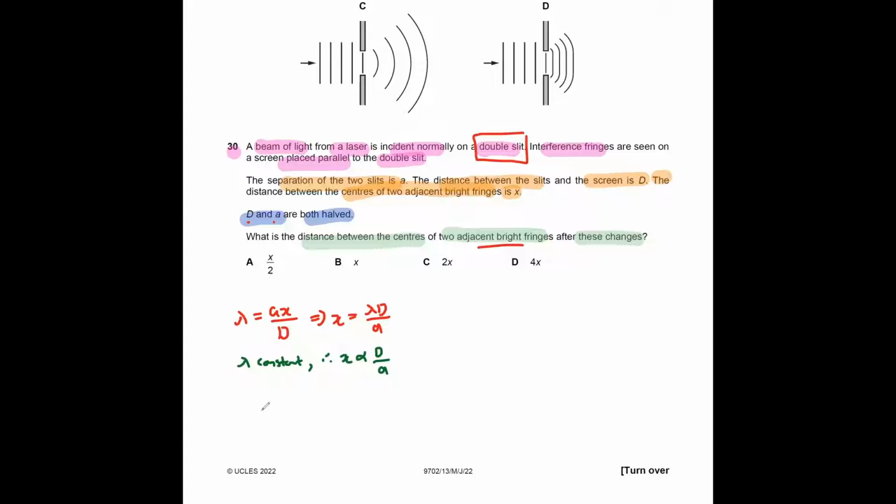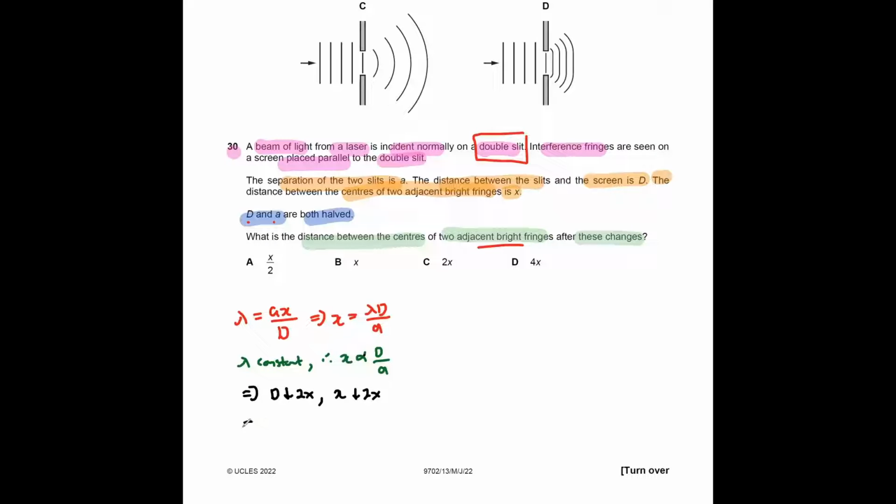Okay. So there's two ways to go about this. The first way is just by looking at this simple ratio here. So if in my case, I know that D is halved, that means D reduced by 2 times, X by right will reduce by 2 times because X is proportional to D here.